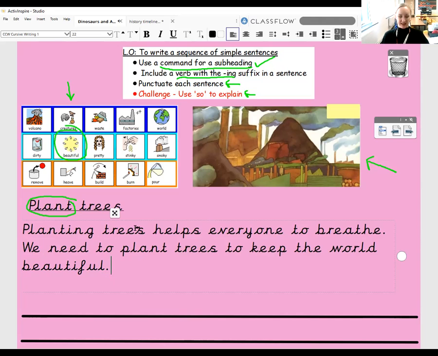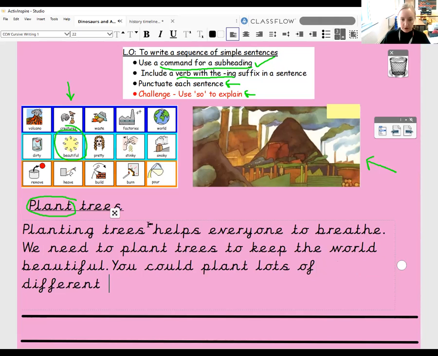What could we say that people could do? Well, they could plant lots of different trees, couldn't they? Because then if they plant lots of different trees, then lots of different animals could live in the trees. So we could say you could plant lots of different trees so that the animals have a place.